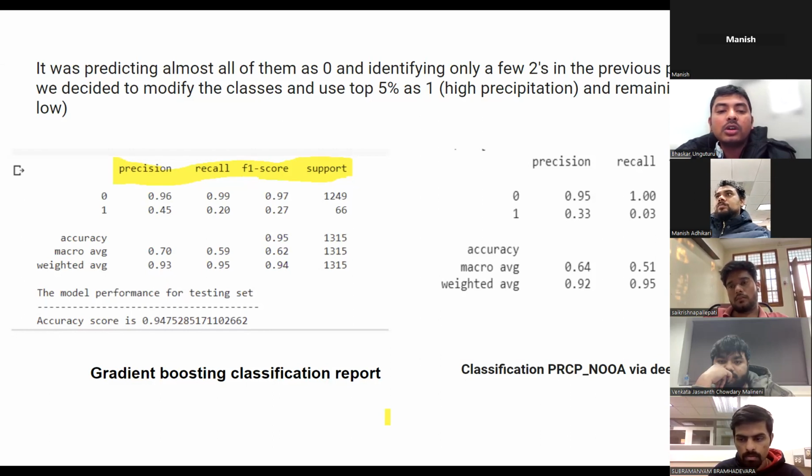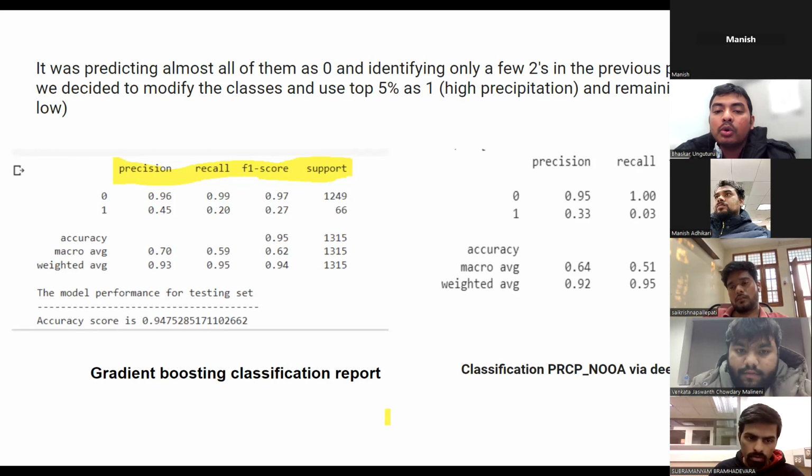In that case also, it does not perform well. In the left-hand side classification report, the class 0 precision and recall are very high, and the class 1 precision and recall are very minimal. In the right-hand side report via deep learning, it is also very minimal.